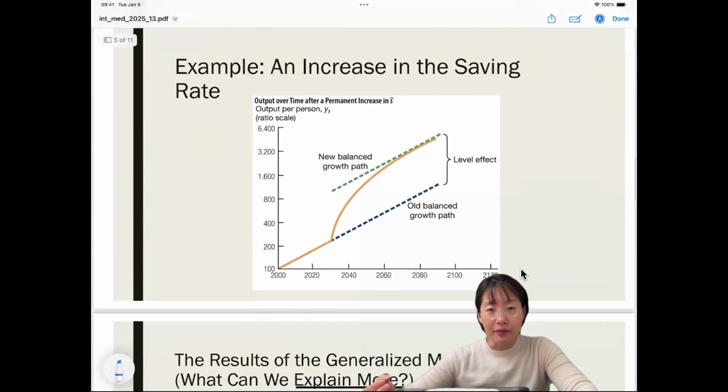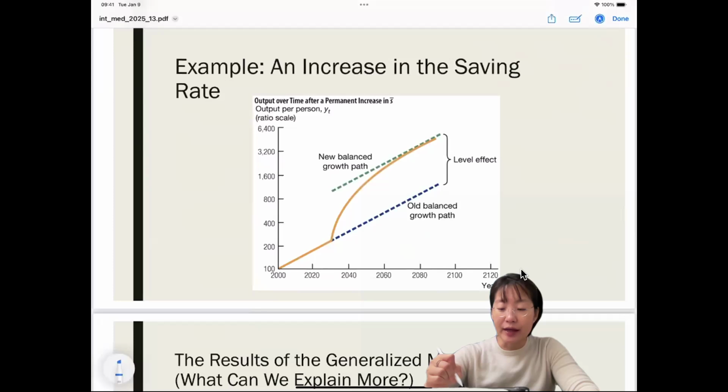So here is an example of transition dynamics in this new model. Suppose there is an increase in the saving rate.